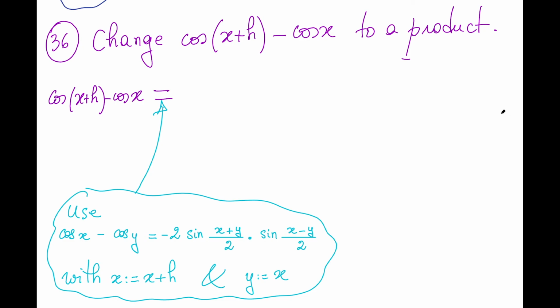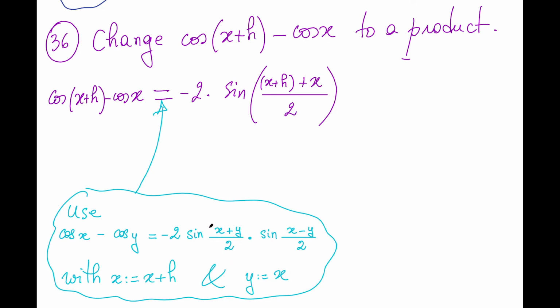As we said, the x plus h is the x in the formula, and the x in our context is the y in the formula. So I'm gonna have minus 2 times sine acting on x plus y over 2, and x is x plus h, which is the x in the formula, plus the y, and the y is x, over 2, right?